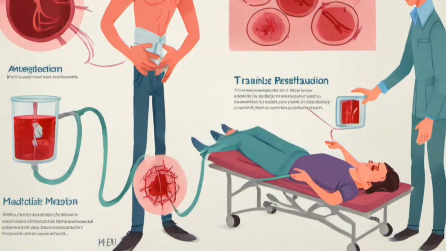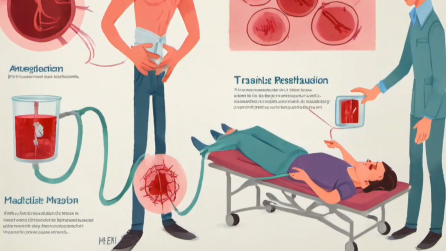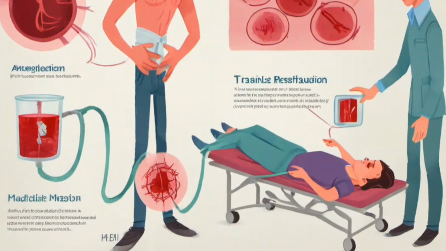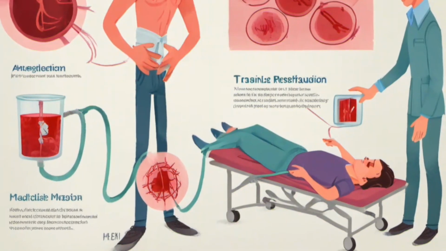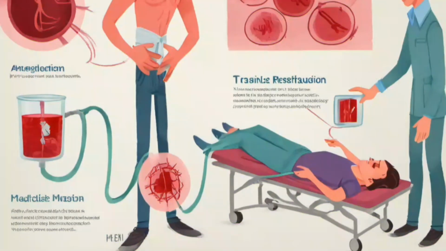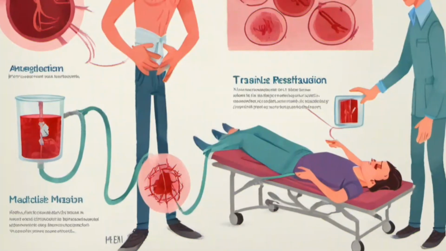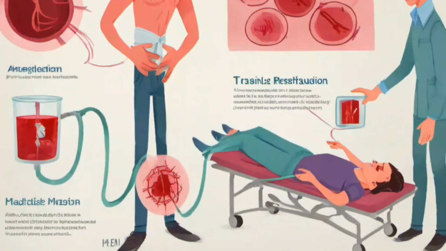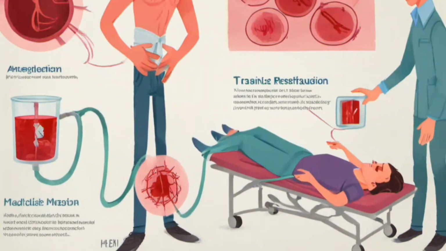Patients with low hemoglobin levels, often caused by conditions such as chronic kidney disease or chemotherapy, may require PRBC transfusions to alleviate symptoms like fatigue and weakness. Hematologic disorders. Individuals with disorders affecting blood cell production or function, such as sickle cell disease or thalassemia, may need regular transfusions to manage their condition.